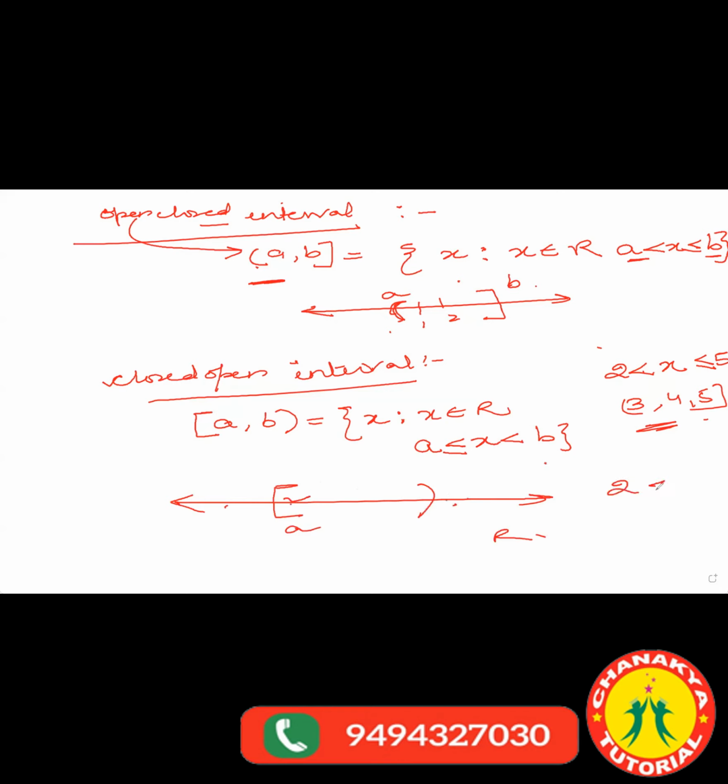Suppose I have written here 2 less than or equal to X less than 5. So 2, 3, 4. Clear, beta? Yes, ma'am. Dhanunjay, Dhatri, Jaswant, understood? Yes, ma'am. Only Preetam replied. What about the others? Yes, ma'am. Okay.